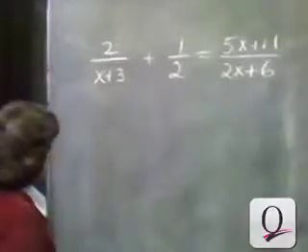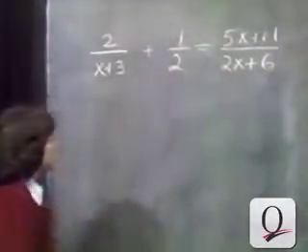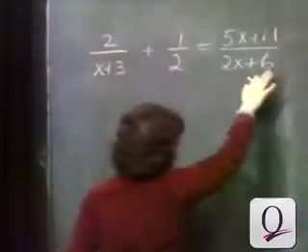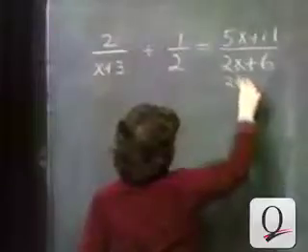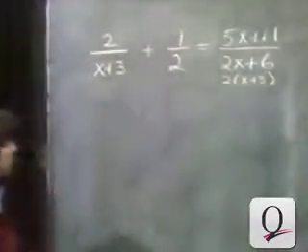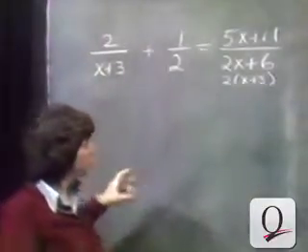Okay, in order to find the lowest common denominator, it's important to factor each of the denominators completely. x plus 3 is factored as far as it's going to go. 2x plus 6, however, is 2 times x plus 3. You see, the lowest common denominator is formed by taking each factor the largest number of times it appears in any one denominator.